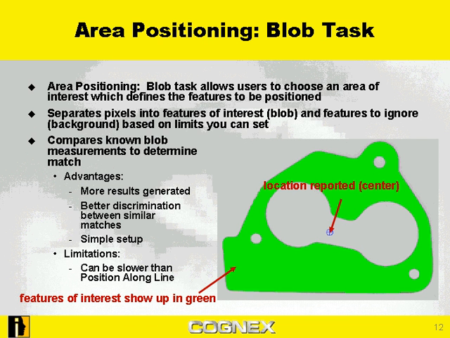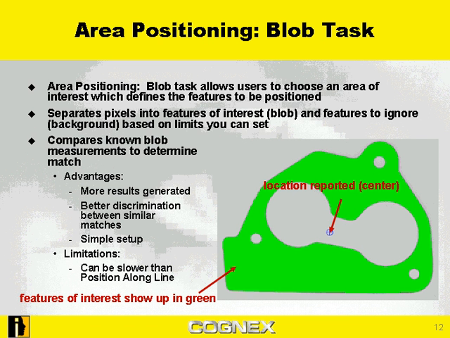Okay, the next type of positioning tool is area positioning. It's when we're looking at a larger area than just something along a line. There's three different types within area positioning. I'll go over all of them before we flip over and actually look at them in Intellect. The blob positioning tool essentially uses blob tools within a positioning tool to find blobs in their particular location and then give out X, Y, and rotational information based on where it finds them and how accurately it finds them.